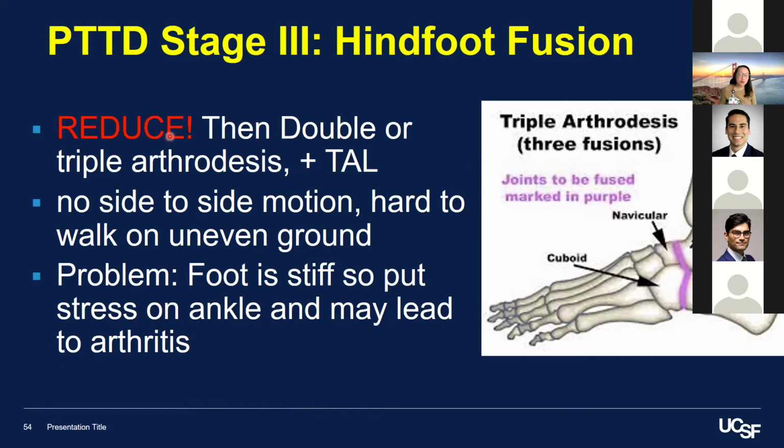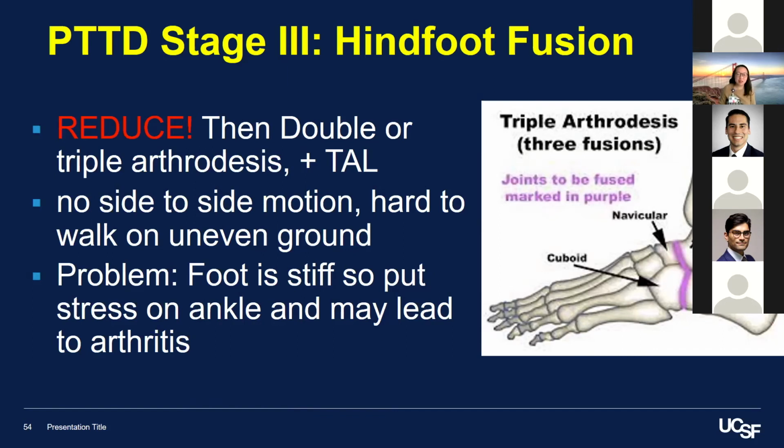And what's really important here is that you want to reduce these, right? So it's not just fuse them in situ, not that anybody would or should, but you really want to make an effort to reduce them, and not just halfway or partially reduce them. You really want to reduce them fully. And the reason is because if you under-reduce them, you can imagine that now you have this huge fusion mass.